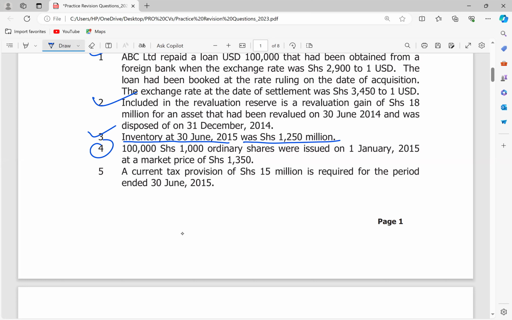And we are told that 100,000 ordinary shares of 1,000 shillings each were issued on 1st of January 2015 at a market value of 1,350. So here we are seeing the company raising more money by issuing more shares. This one is going to be explained with support of IAS 1.